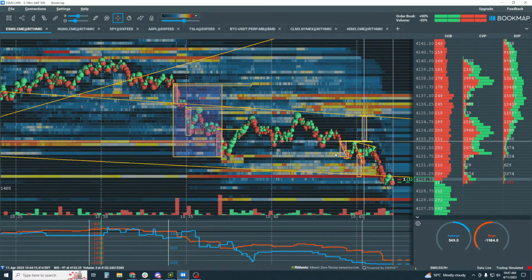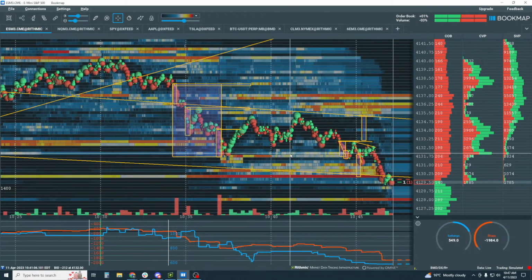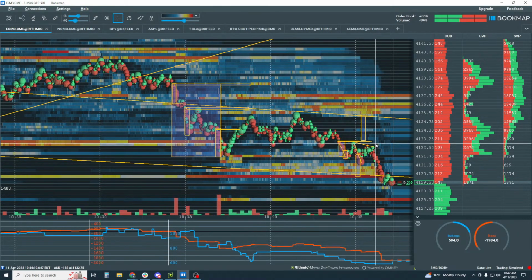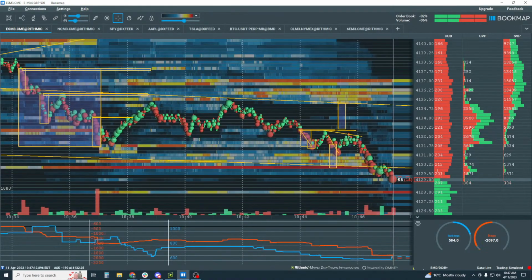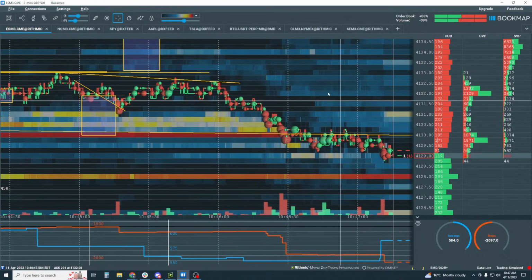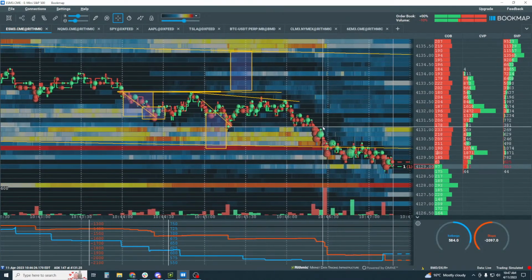Okay, so we really want to understand the order flow at some of these edges here. And this was an important one for today. Okay, continuation here.